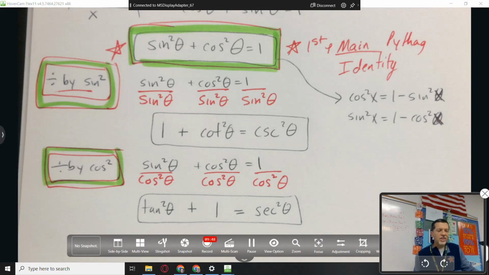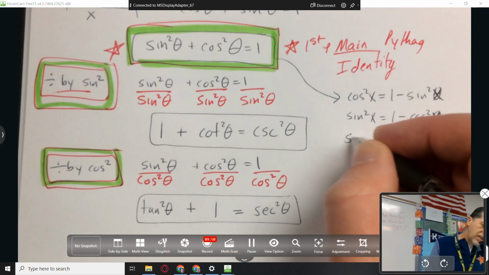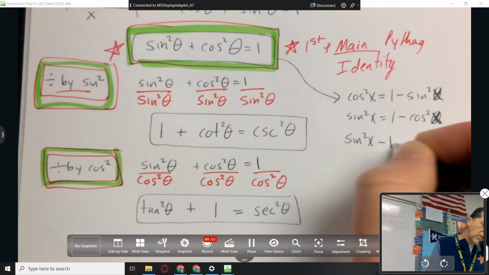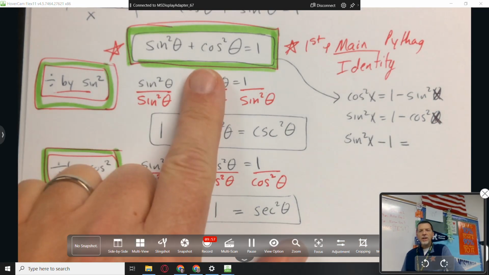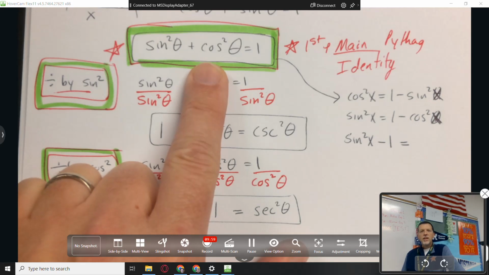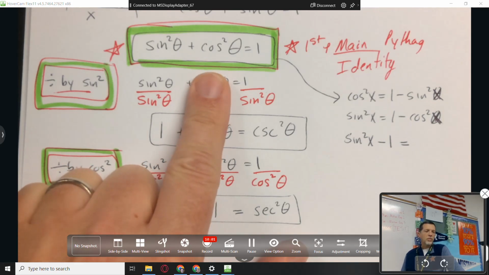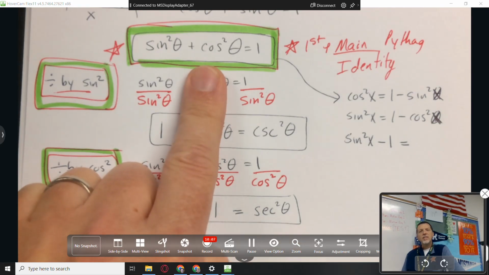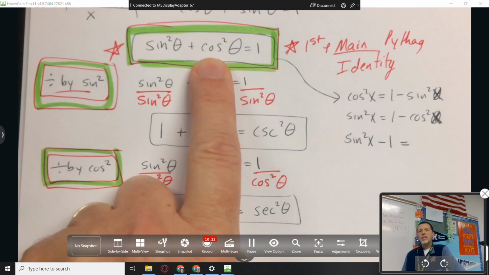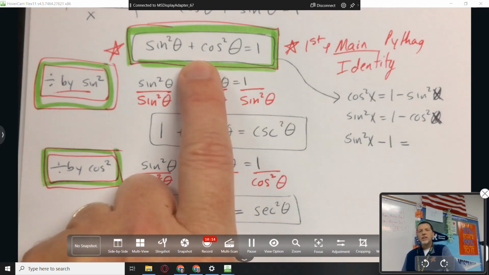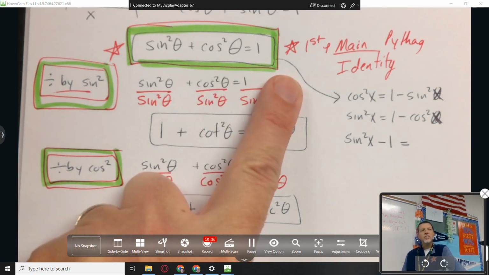And occasionally you might even see sine squared minus 1. So can you rearrange this formula to know what sine squared minus 1 would equal? If I rearrange this, move the 1 over here, I have to move the cosine to the other side.